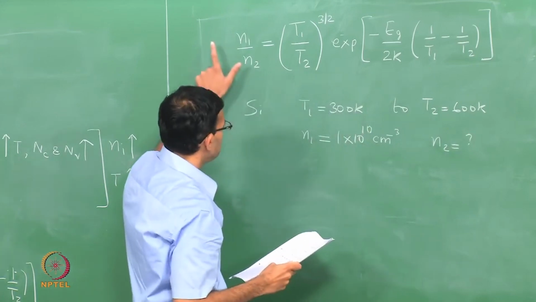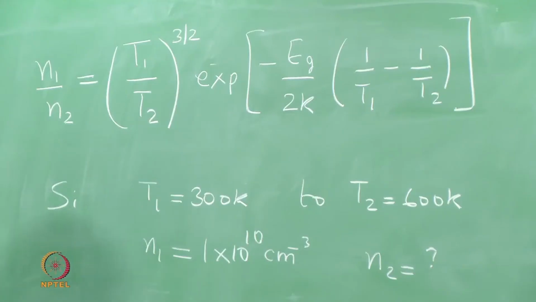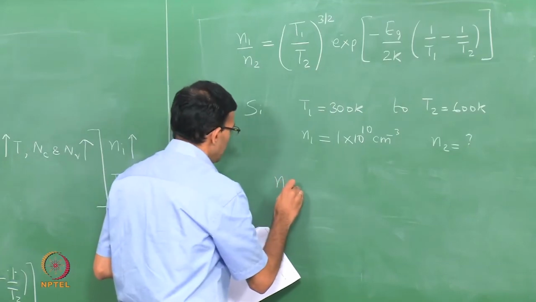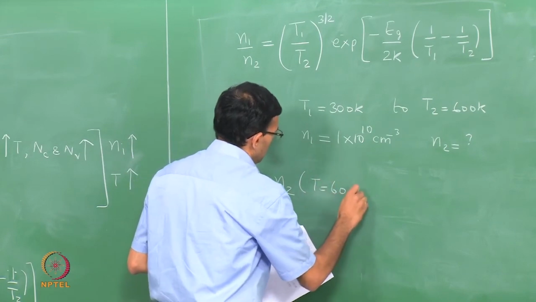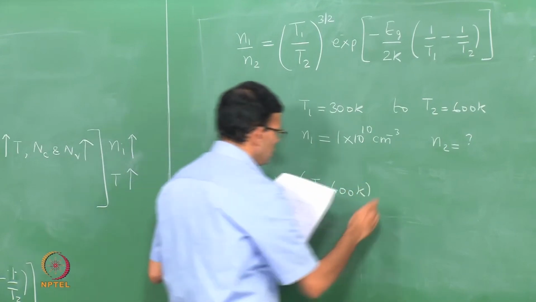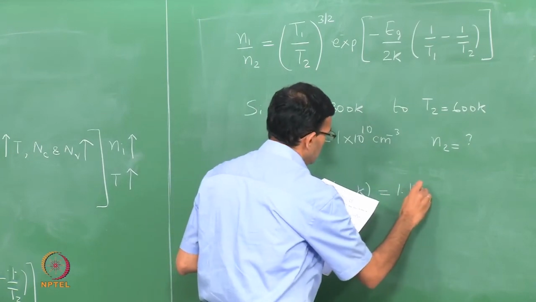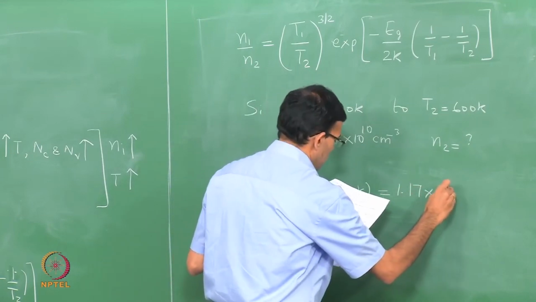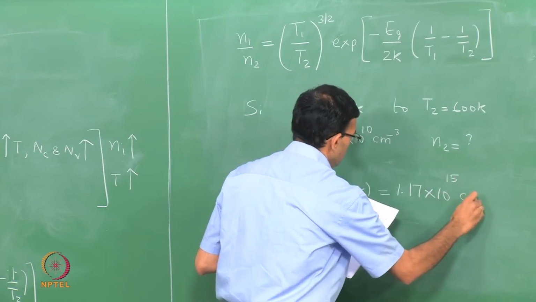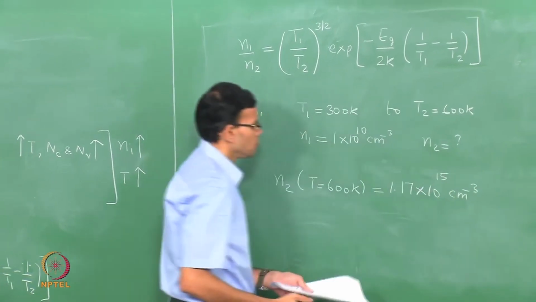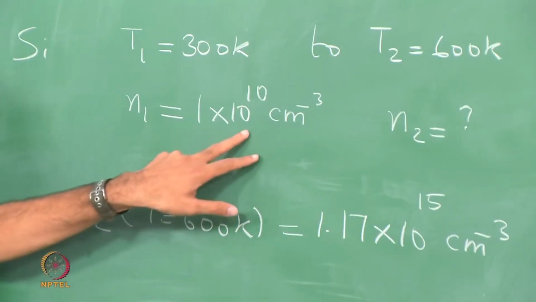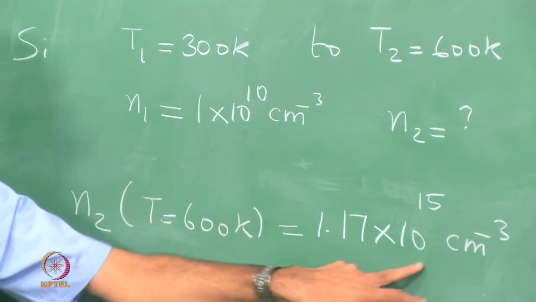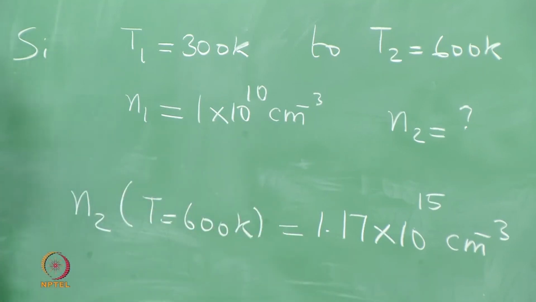So, we can substitute in the values and evaluate this expression. We get N2, the carrier concentration at temperature equal to 600, is 1.17 times 10 to the 15. So, by doubling the temperature from 300 to 600 Kelvin, we have increased the carrier concentration from 10 to the 10 to 10 to the 15. So, nearly 5 orders of magnitude.